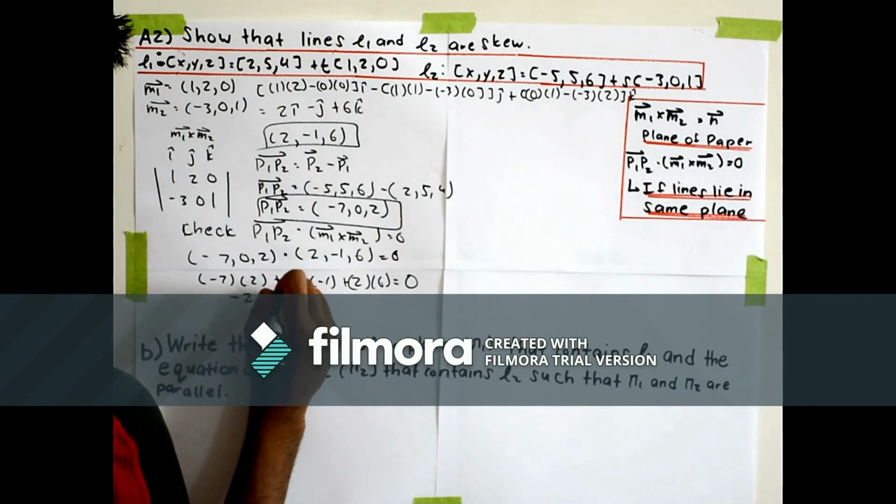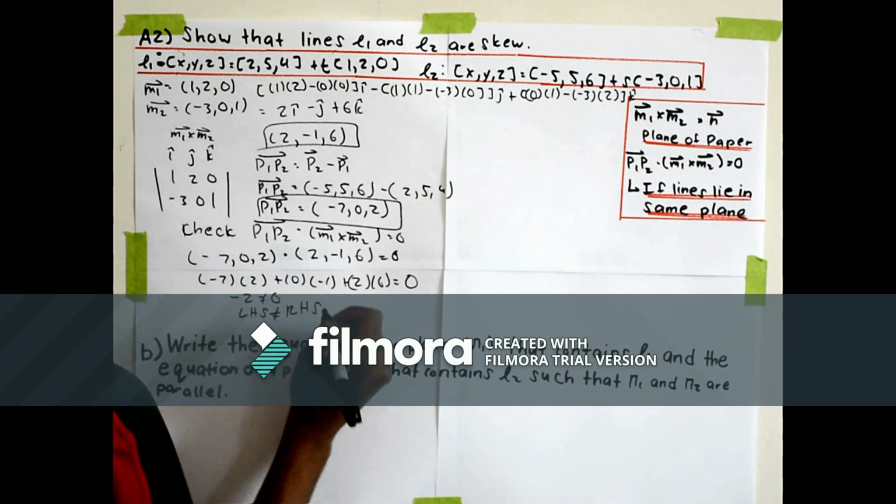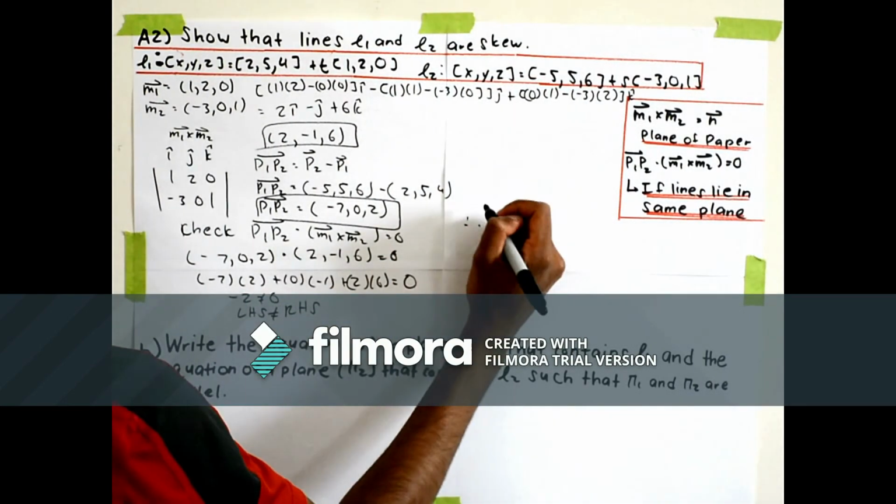Since -2 does not equal 0 and the left-hand side does not equal the right-hand side, it is proven that these two lines are skew.